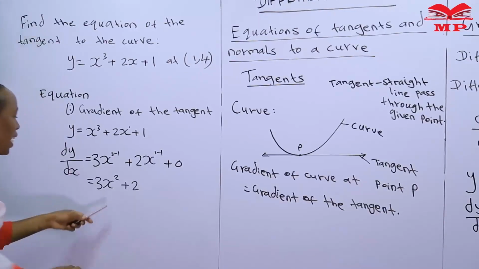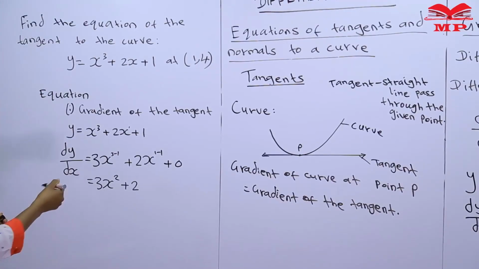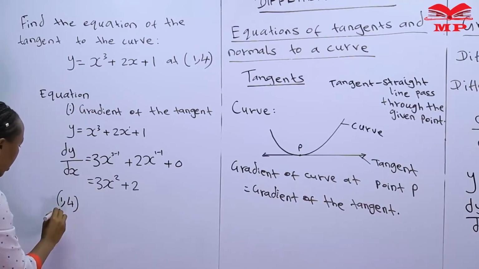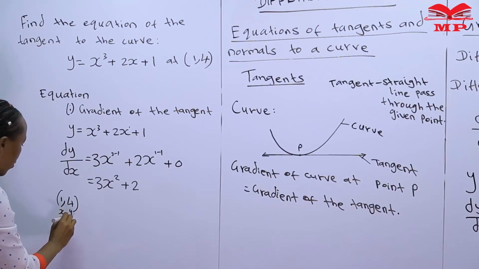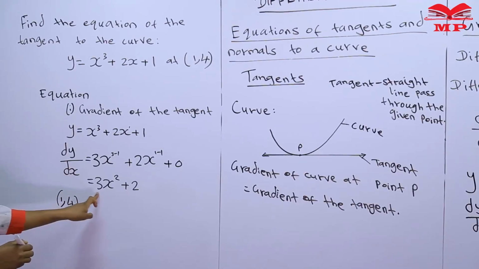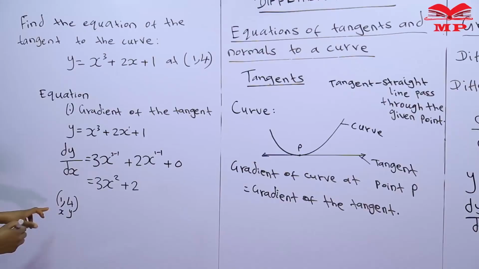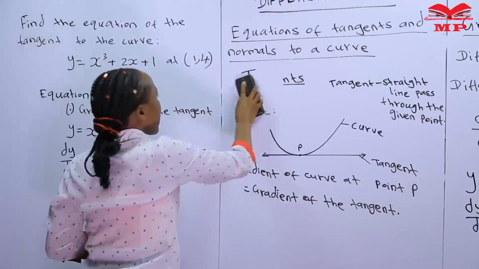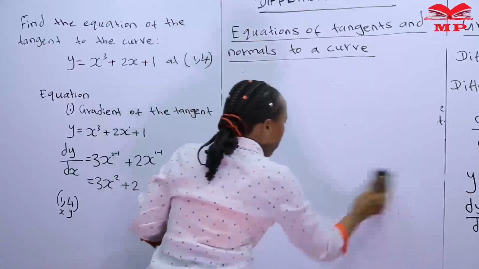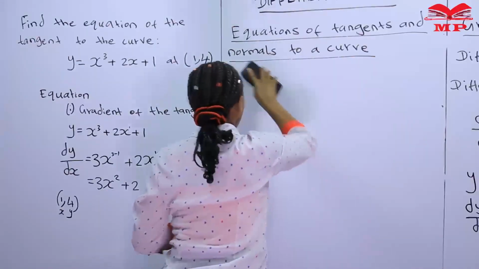That is the gradient function. And we are told it is at (1, 4), so this is the value for x and this is for y. So we have dy/dx equal to this, and therefore we need to calculate now the actual gradient, so that we can use the points.